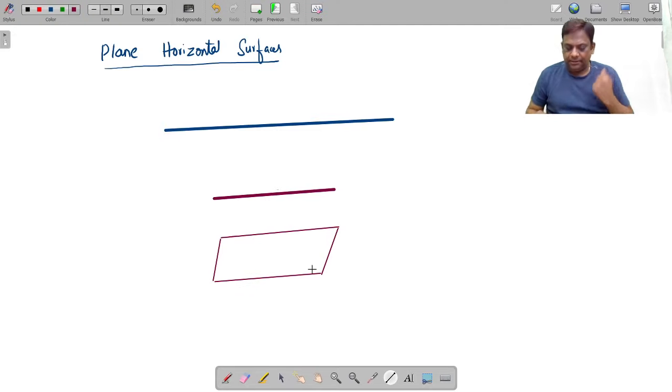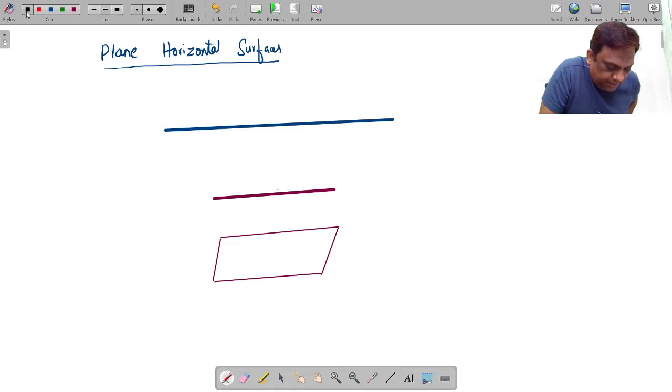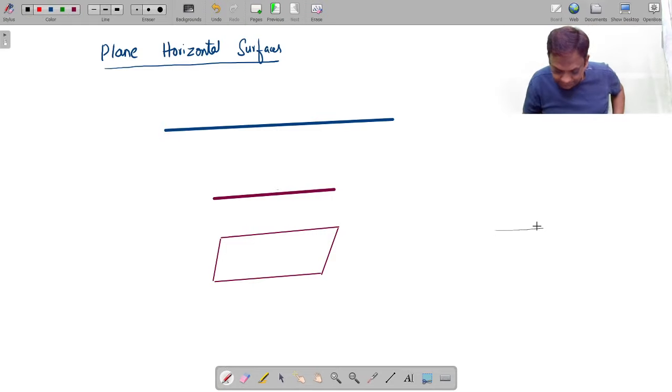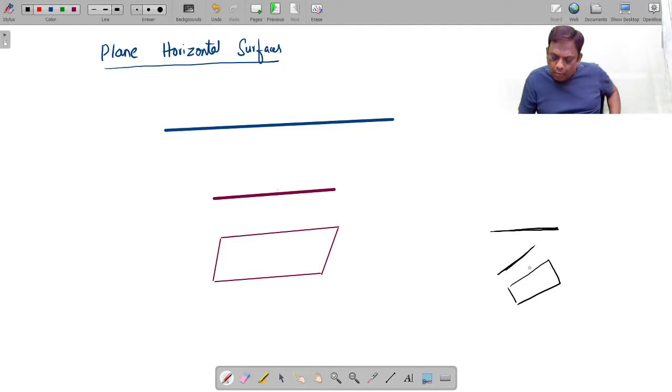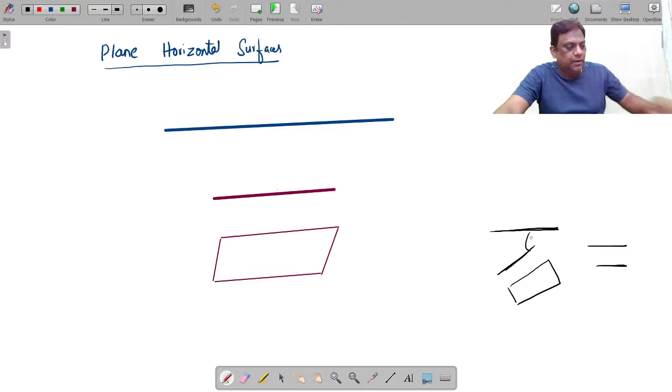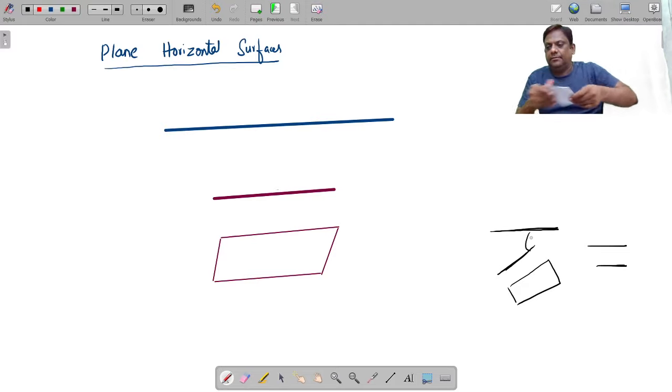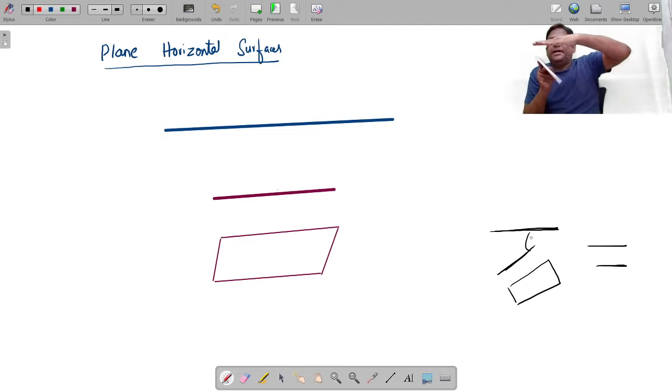So how do I get horizontal? If you see, this is inclined. If you want horizontal, see this angle. Listen all of you. This angle is theta.